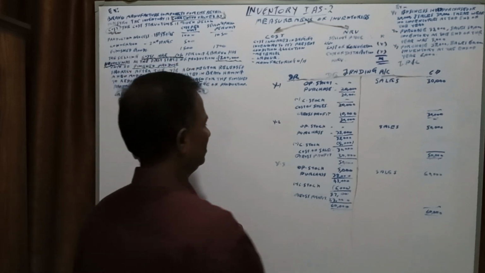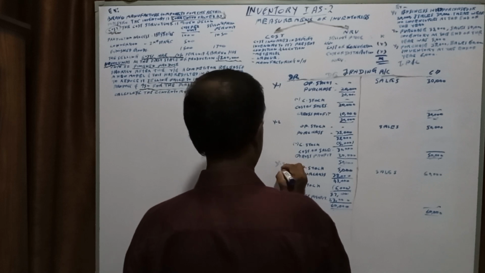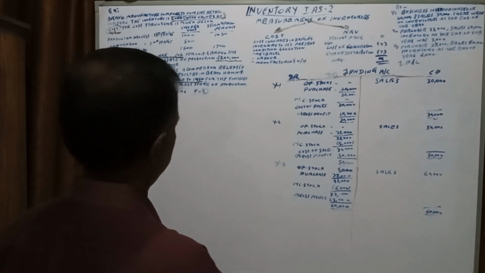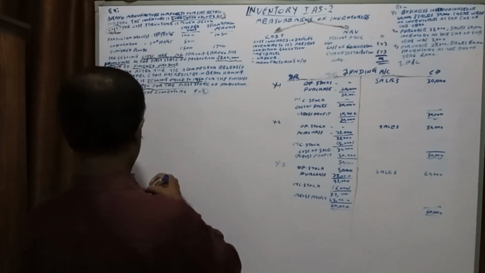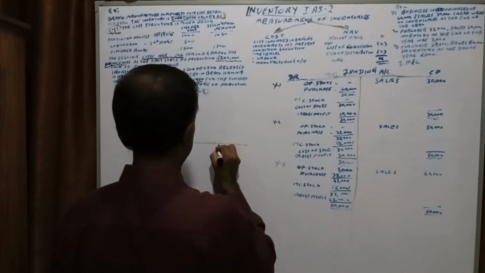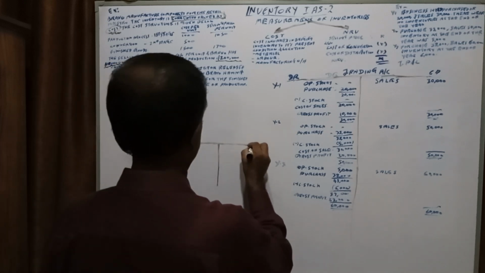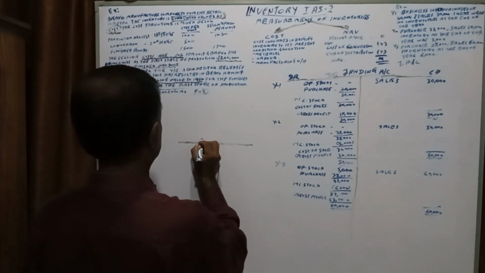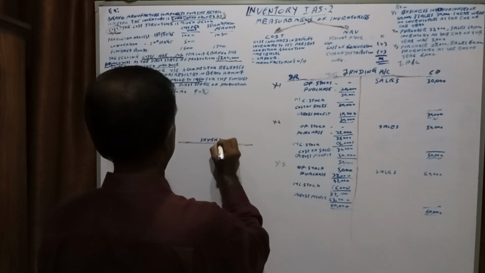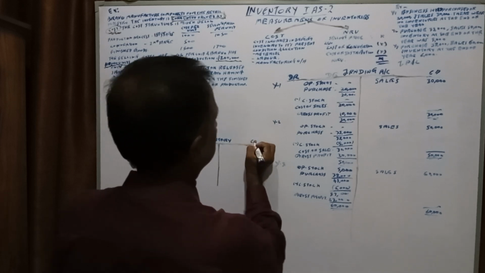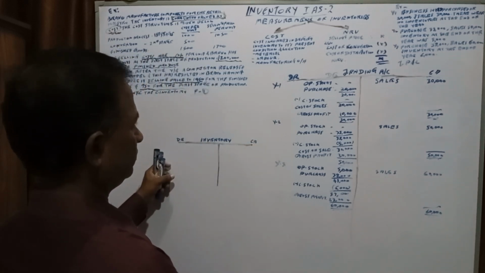In year 3, you wonder what happens. In the inventory account, I will show you. Inventory account. Right?